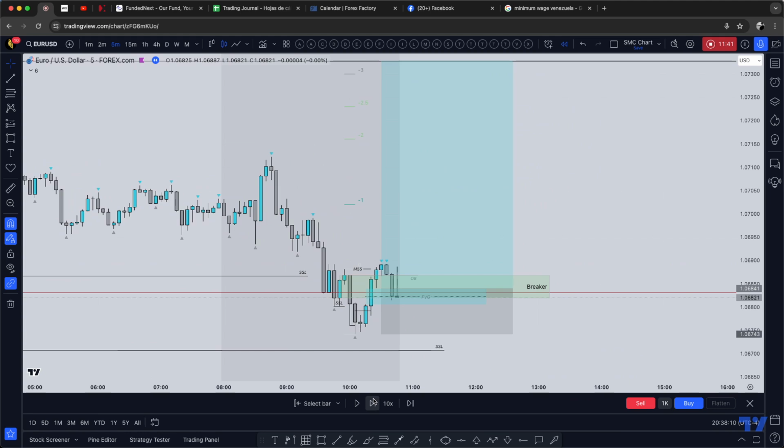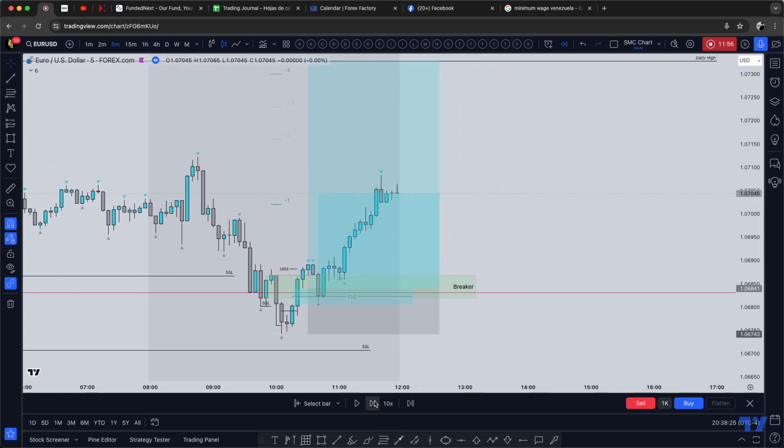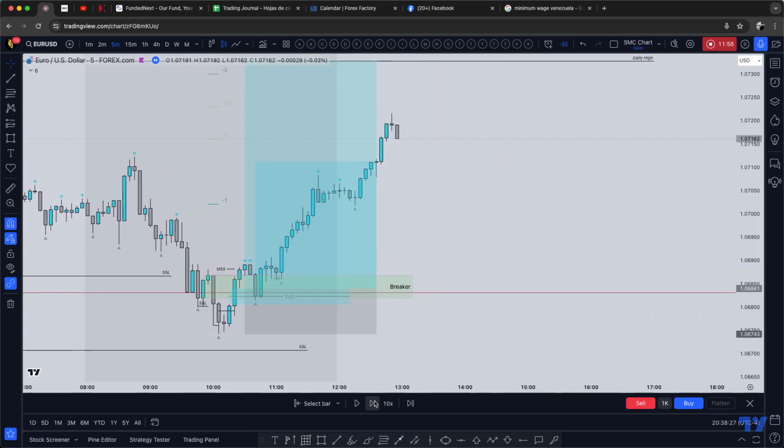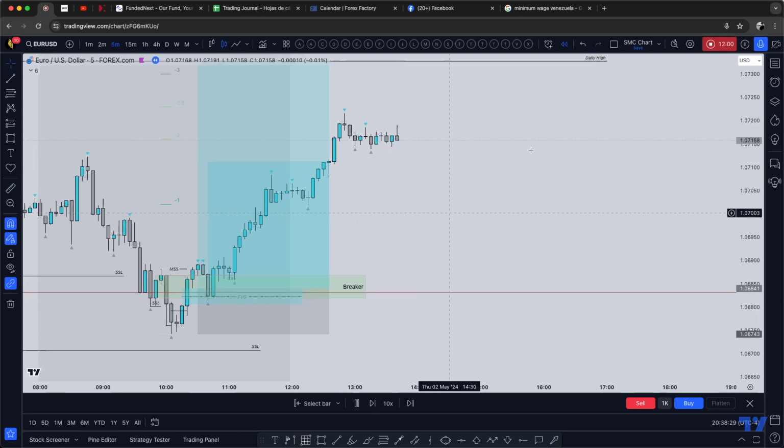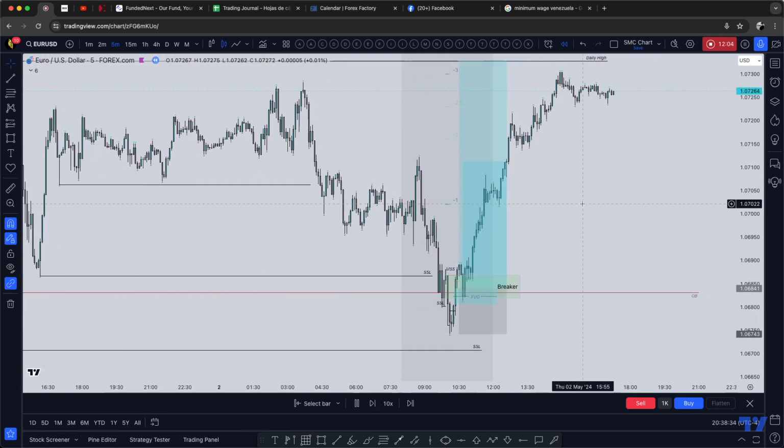Price comes back, taps into the fair value gap, right? So at this point, it's tapping into our unicorn, right? It's validating the unicorn. Now you're having a rejection with a bullish candle right there. And then from there, the rest is history. Price pushed up, really nice.